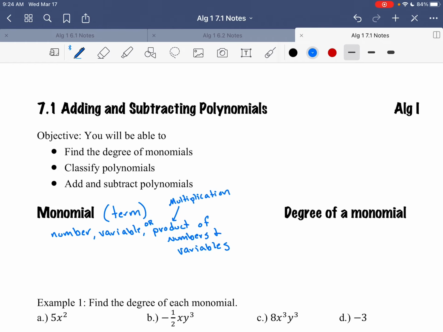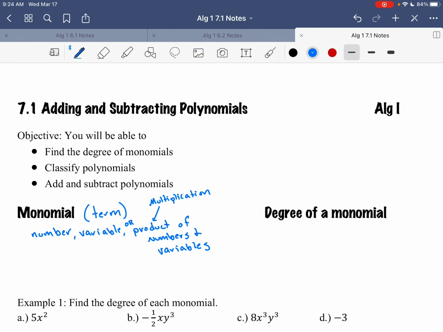We talk about monomials in terms of their degree. I like to think of degree as the number of variables being multiplied. So to come up with the degree, we're just looking at the variables in that monomial.